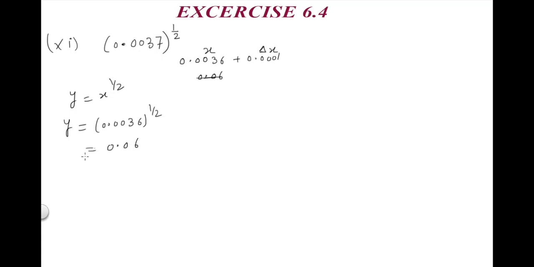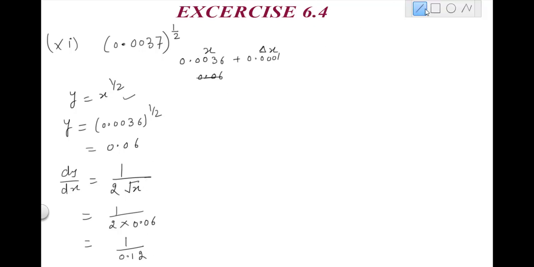Now dy by dx will be 1 upon 2 under root of x, and under root of x we just solved here. It is 1 upon 2 into 0.06. So now we will get 1 upon 0.12. Now we will find delta y. To calculate the change in y, we will write delta y is dy by dx multiplied with delta x.